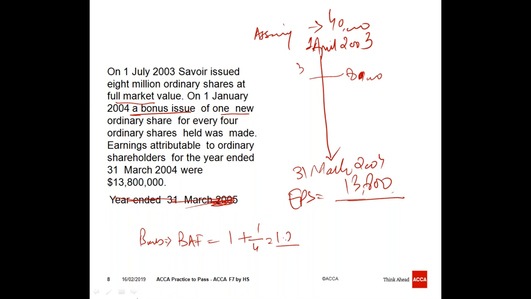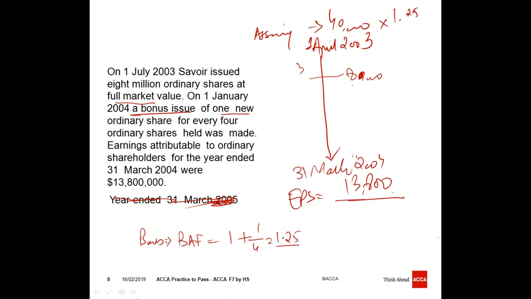So the bonus factor is 1.25. Whatever the date of the bonus, the factor should be applied on all the shares. So we have 40 million shares at the start till the end of the year, and we simply multiply it with the bonus factor, that is 1.25.